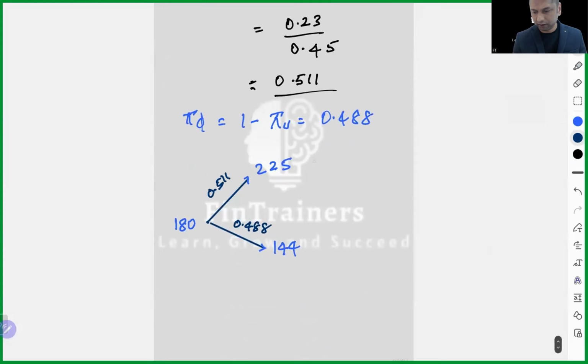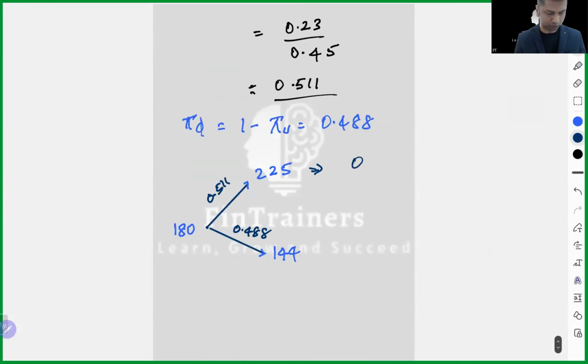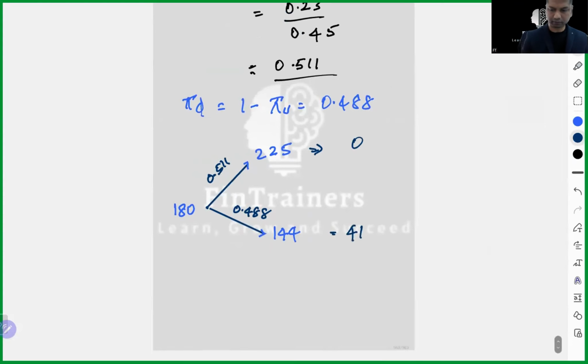What is the payoff here? For a put option, our strike price was 185, so this is going to be 0. And for this one, it is 185 minus 144, so 41.